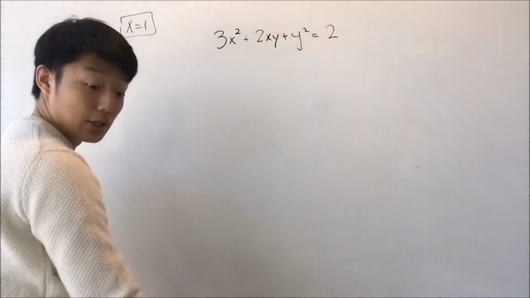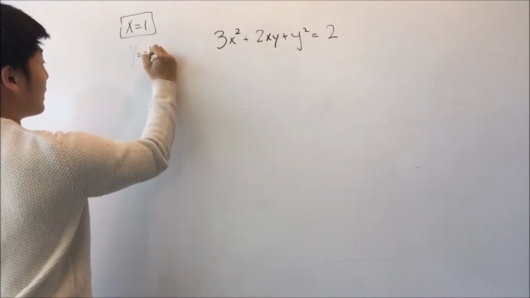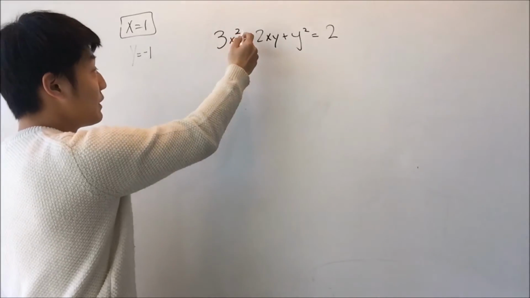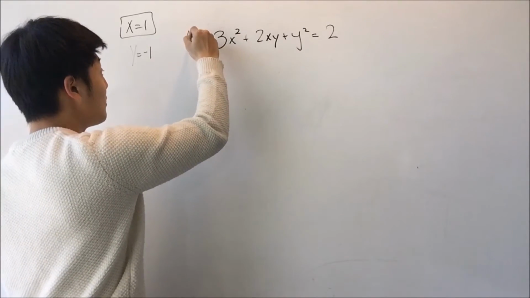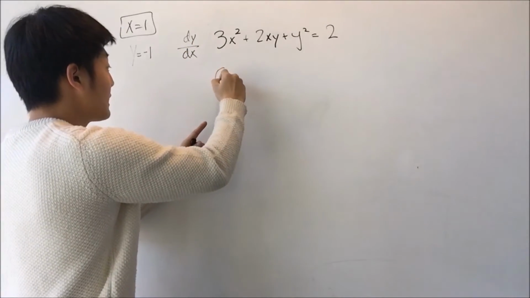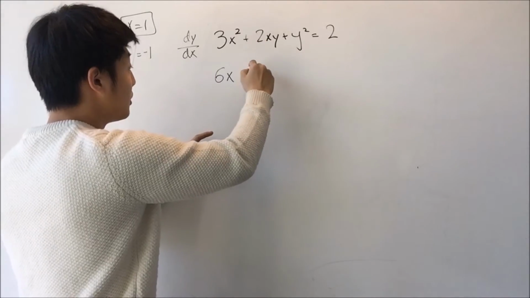Now it's time to differentiate this equation by using implicit differentiation. So if we differentiate this by dy/dx, it will be 6x plus 2.